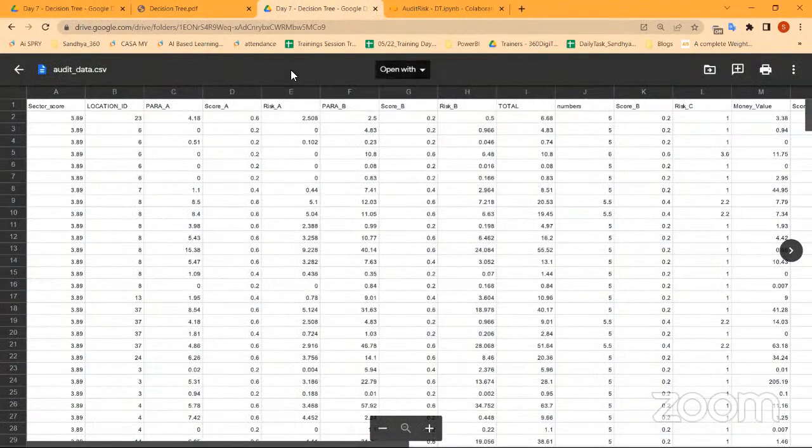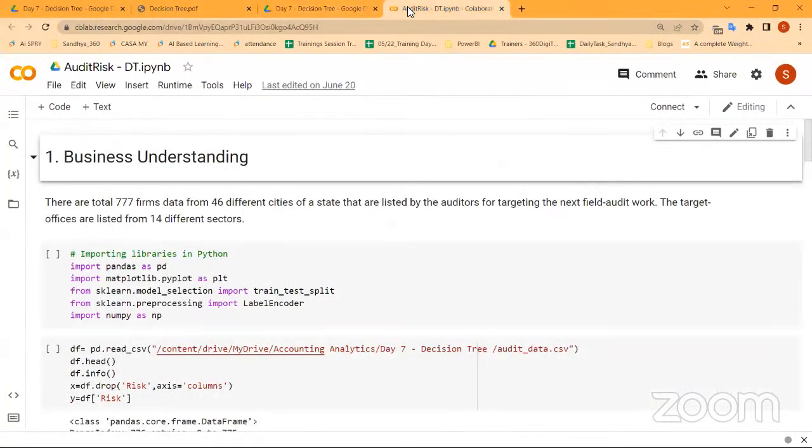So this is the data, friends, but let me walk you through the business understanding and the problem statement. As you can see, there are a total of 777 firms, and this data is collected from 46 different cities of a state, listed by auditors for targeting the next field audit work.